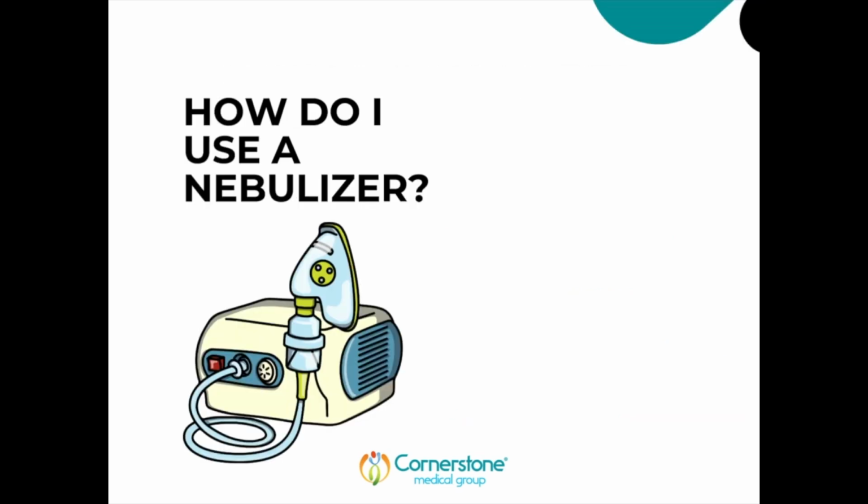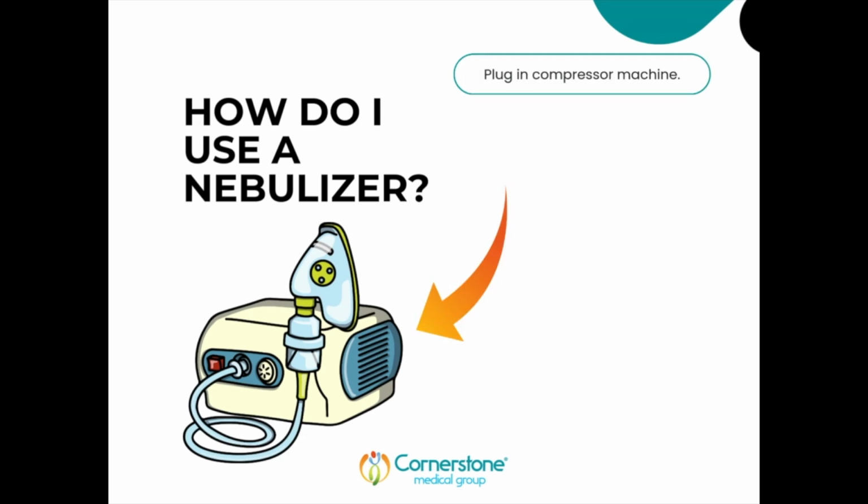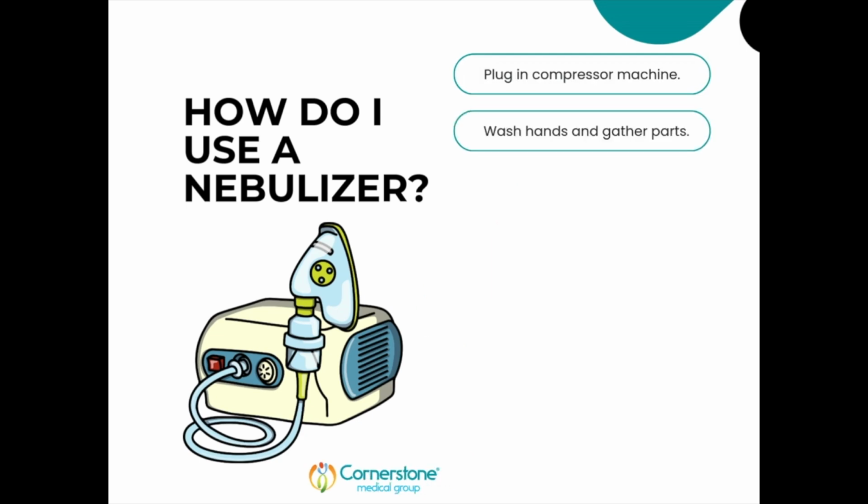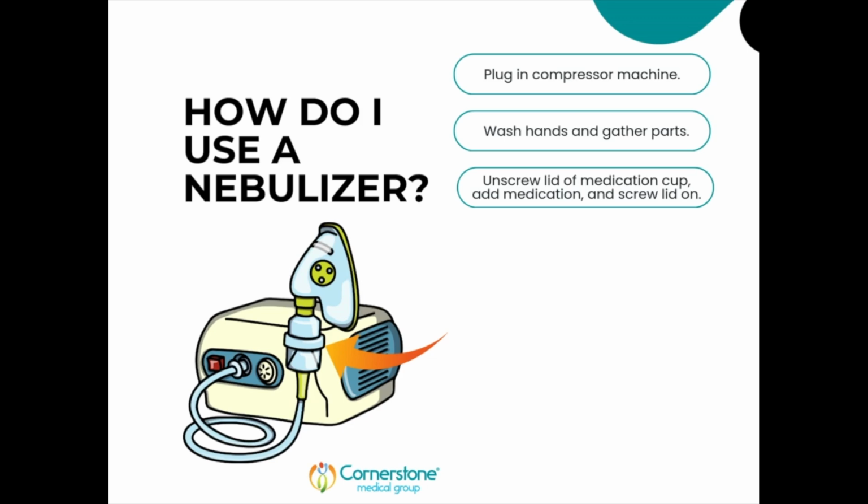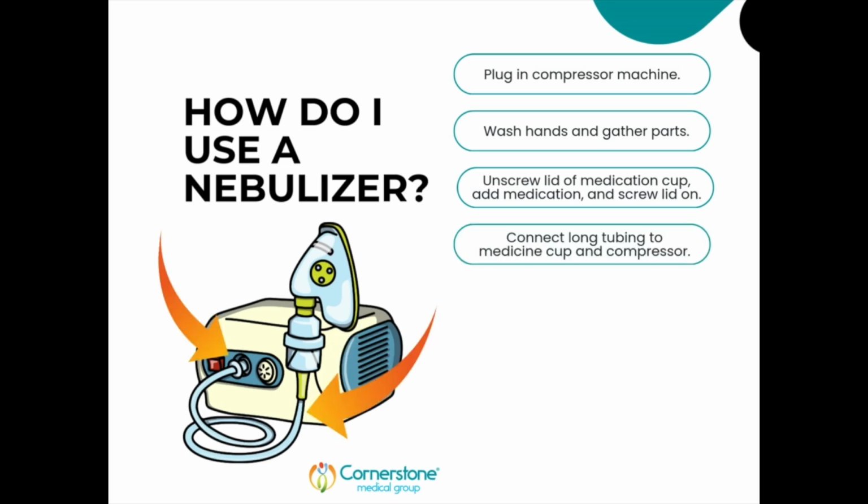How do I use a nebulizer? First, plug in your compressor machine. Wash your hands and gather the parts. Unscrew the lid of the medication cup, add medication, and screw the lid on. Connect long tubing to the medicine cup and compressor.